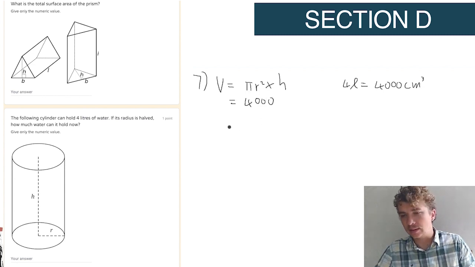Now again, like in the previous sums, let's say this is changed such that the radius is halved.